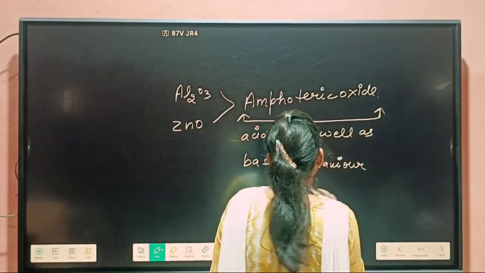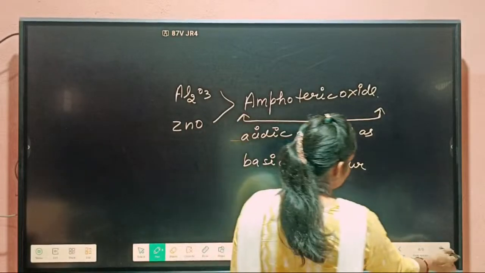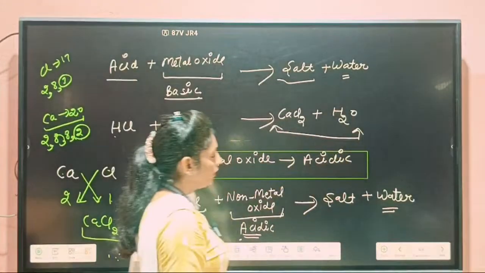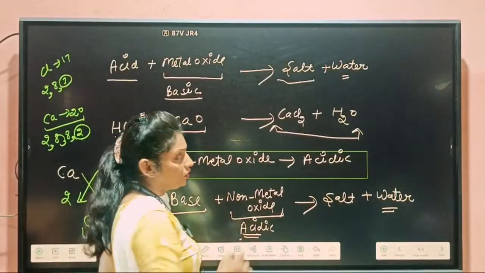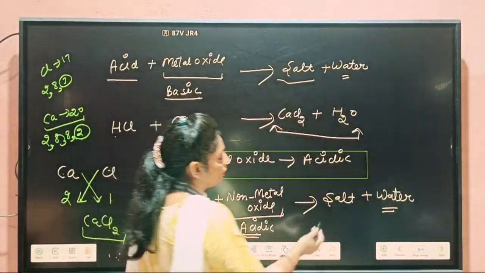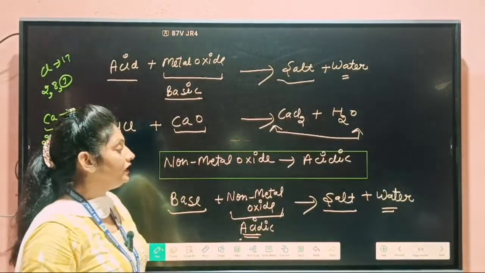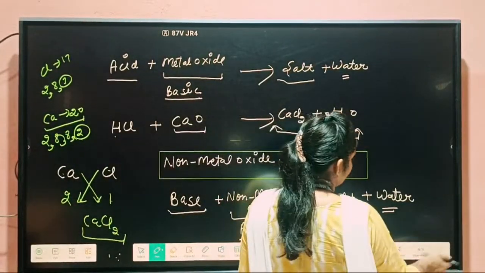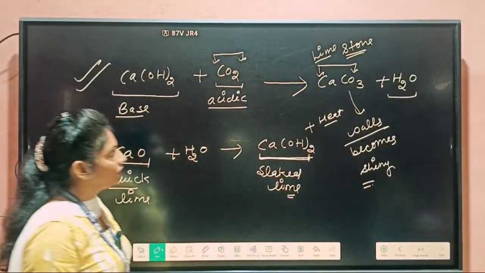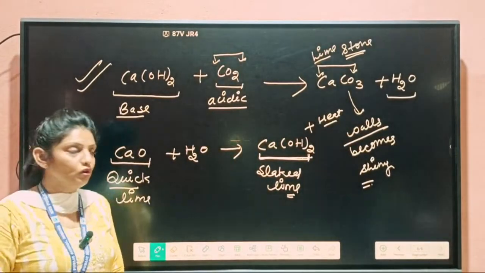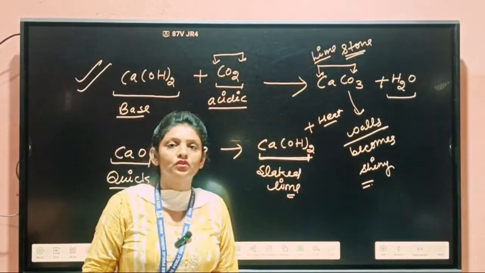Otherwise, almost all metal oxides are basic. And students, when base reacts with the non-metal oxide, then further they will give salt and water, because non-metal oxides are generally acidic in nature. So today we have done two chemical properties of acid. I hope this concept is clear to you.